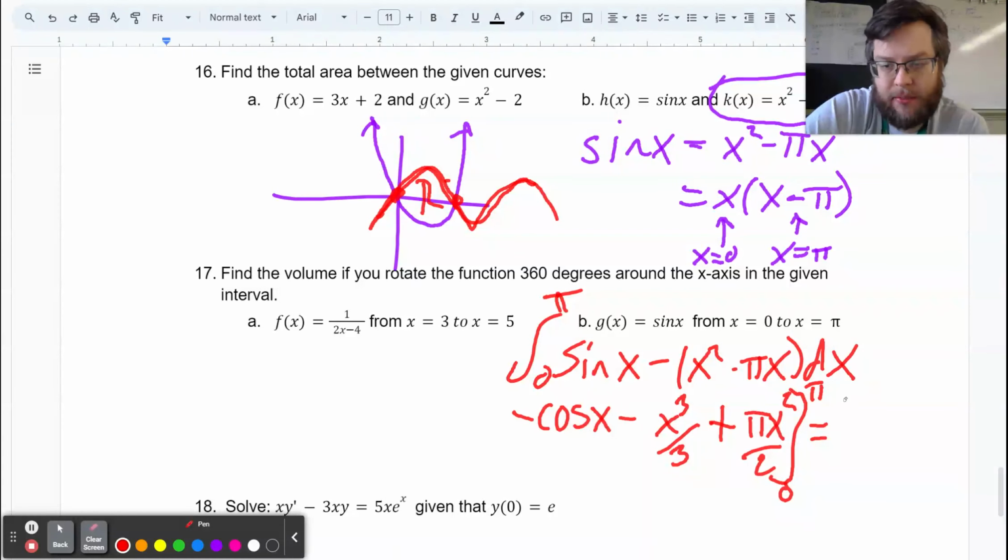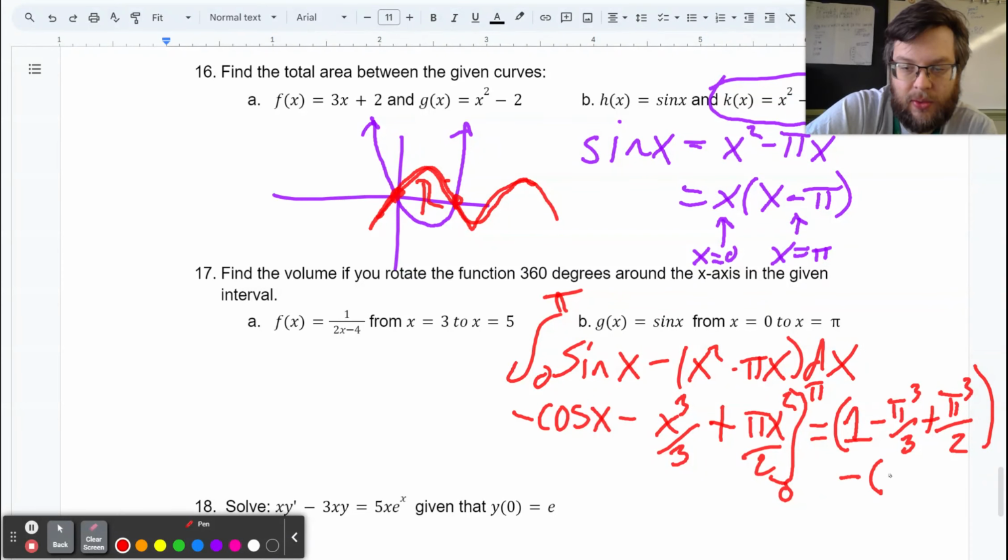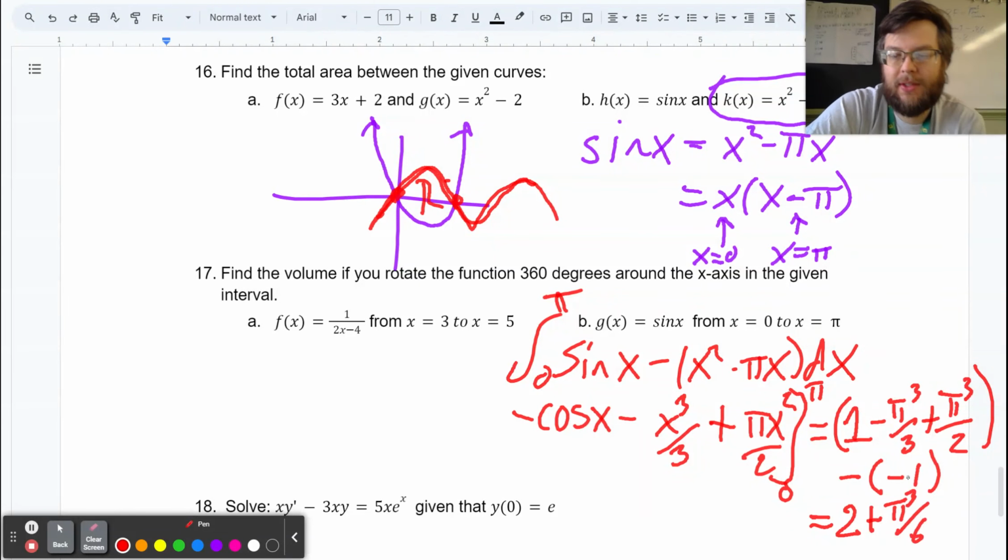Cosine of pi is negative 1, so I have positive 1 because of the double negative. 1 minus pi cubed over 3 plus pi cubed over 2 minus cosine of 0 is 1, and the rest of it is 0. So I guess we get something like this silly answer here, where you have 2, and then let's make them out of sixths. So 2 plus pi cubed over 6.